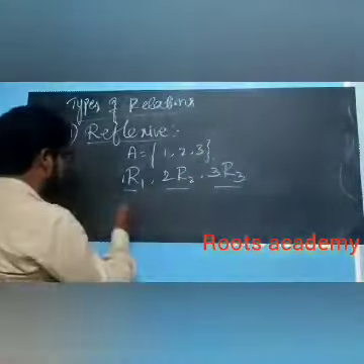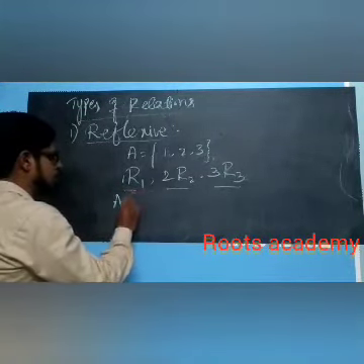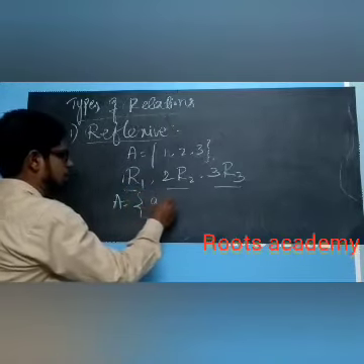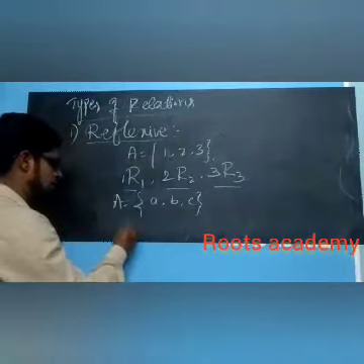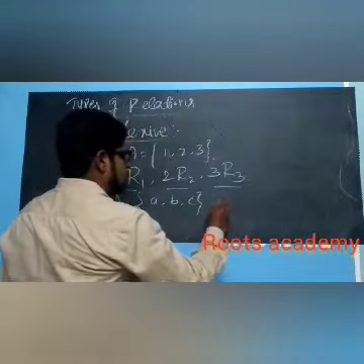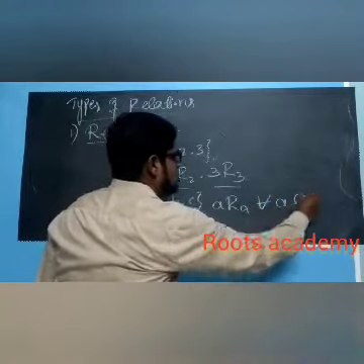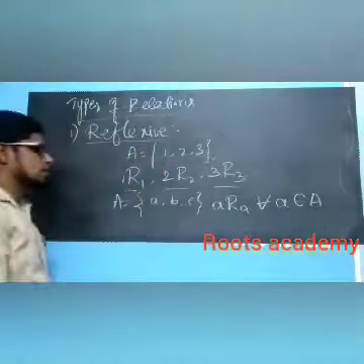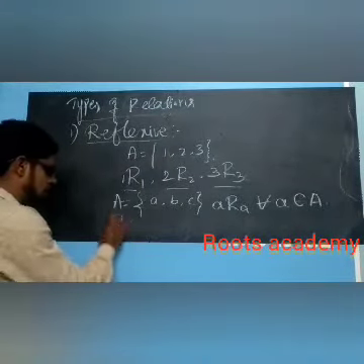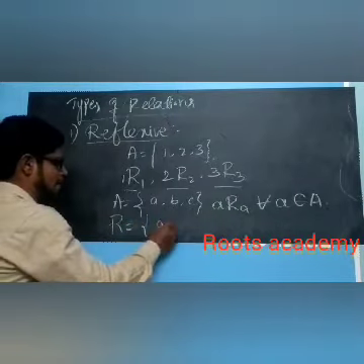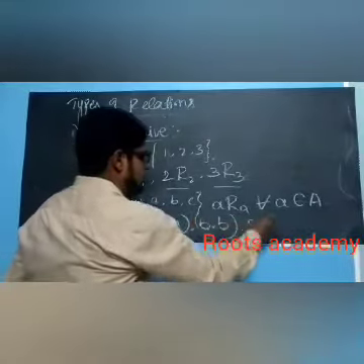So in general, if we have a set A equals {a, b, c}, then a is related to a for all a belongs to set A. This is the general definition of a reflexive relation. Mathematically, we can write this as (a, a), (b, b), and (c, c).